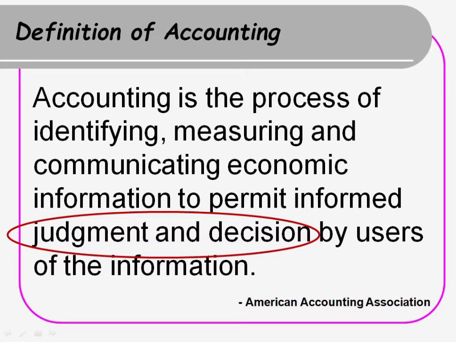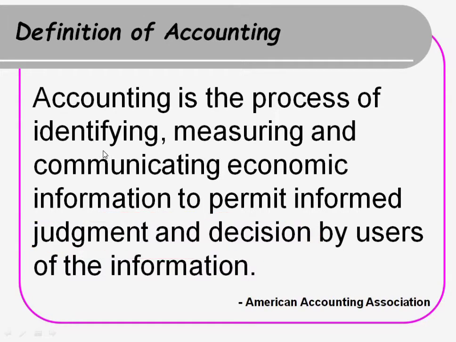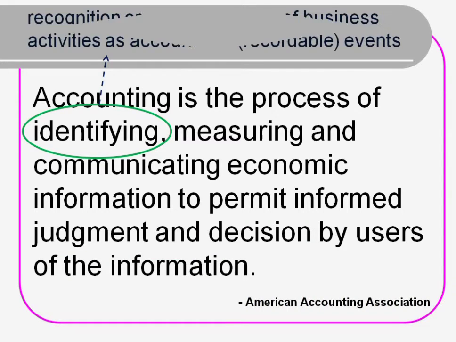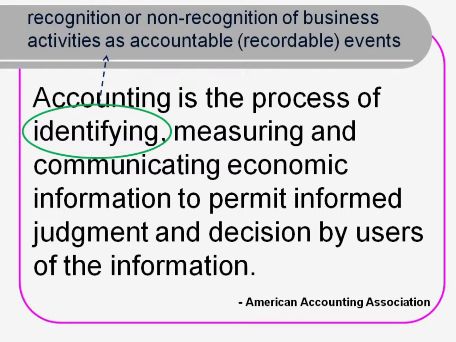So the same idea we learned in one definition of accounting a few minutes ago about its function of providing information useful in making economic decisions is repeated here. Now, what does this term identifying mean here? It pertains to the recognition or non-recognition of business activities as accountable or recordable events.